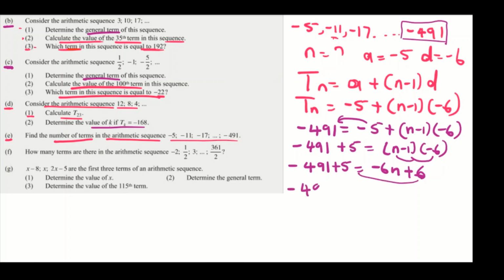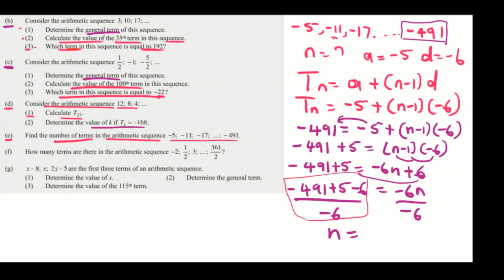We have minus 491 plus 5 minus 6 equals minus 6n. Right, you can just divide by minus 6, divide by minus 6. So n is equal to, you're going to punch all of this in your calculator to find your value of n, right? So my value of n is 82. This is what I'm getting. Done for this problem here.